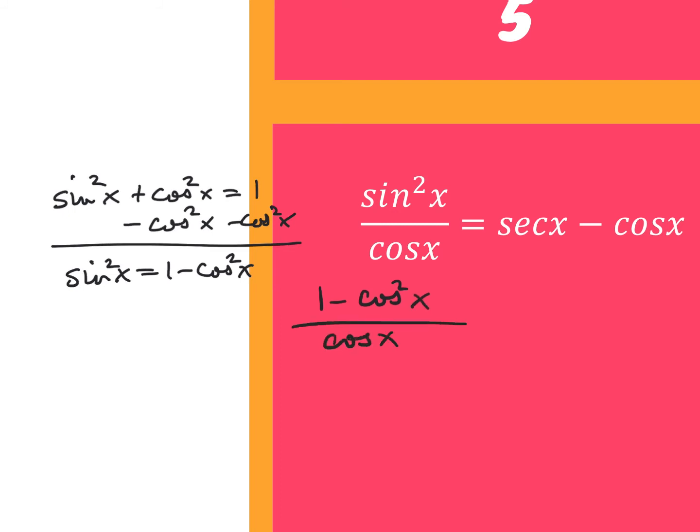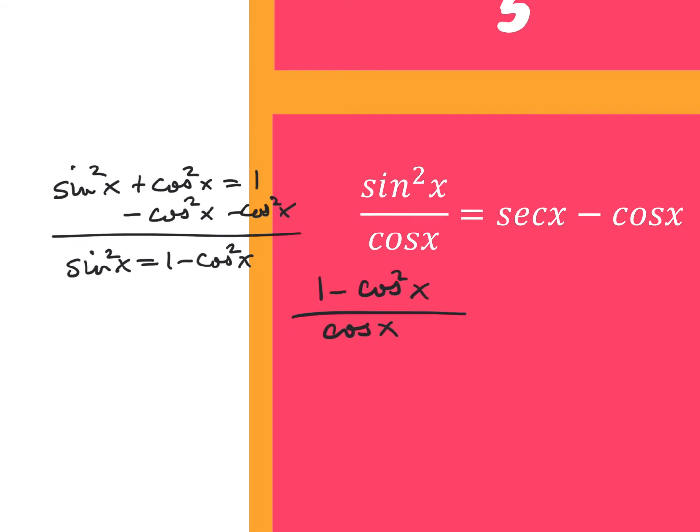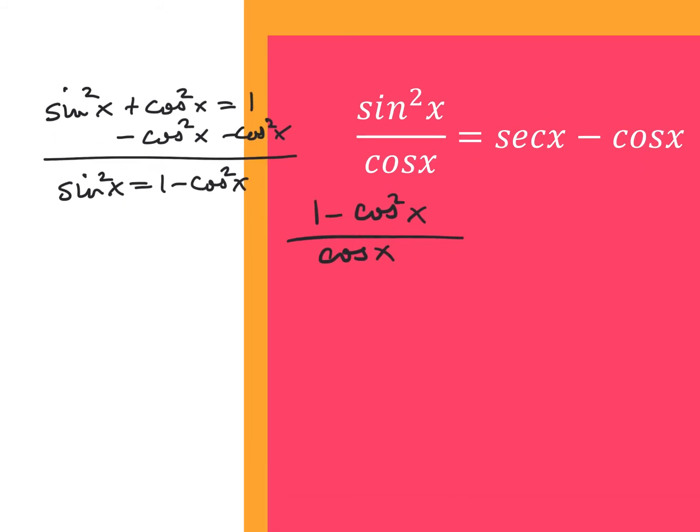Now, for this one, I need you to think backwards. Think of this as being the answer to something you've already subtracted. So I'm going to work backwards and show you what the subtraction problem originally looked like. So I'm going to change this and I'm going to give 1 its own denominator of cosine.